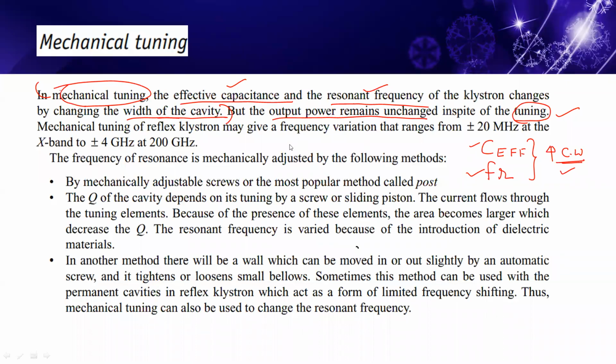This mechanical tuning in the reflex klystron requires approximately 20 megahertz at X band, and 4 gigahertz to 200 gigahertz. These are the various frequency ranges for the corresponding mechanical tuning functionalities.